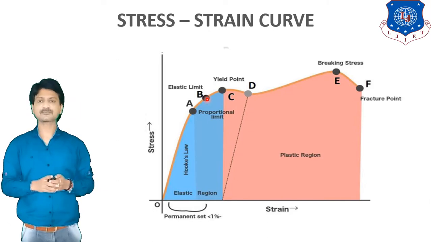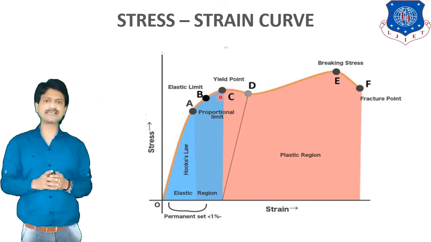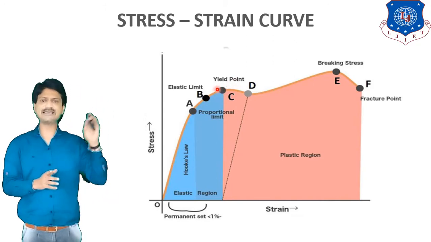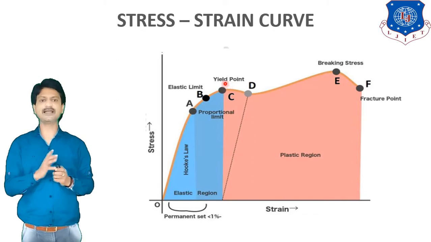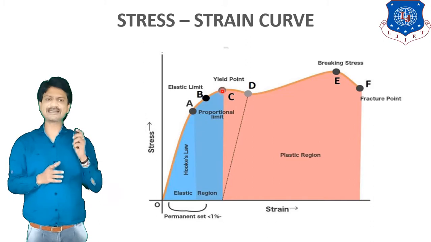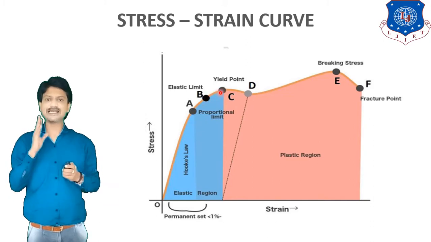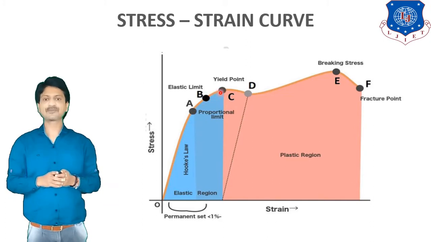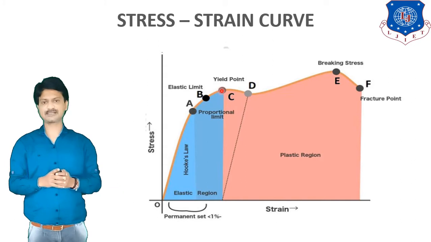Now, the third point, at point C, you can see in the figure, the point C is called the upper yield point. At this point, there is an increase in strain, even though there is no increase in stress. The value of stress corresponding to point C is called yield stress.